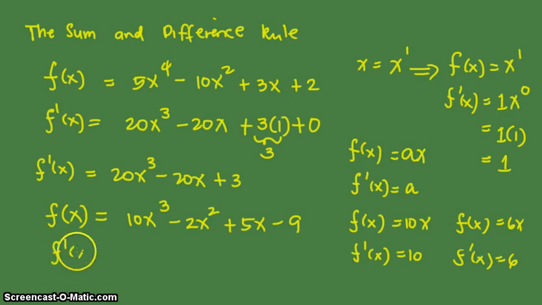The derivative is simply 30x squared, that's 3 times 10, 30, then x, 3 minus 1 is 2, minus 4x, and then for the 5x term, from this rule, the derivative is simply 5. The constant will become 0. So that's how you get the derivative whenever you have a sum or difference of terms. Okay, so you can simply put it as the derivative of a polynomial function.